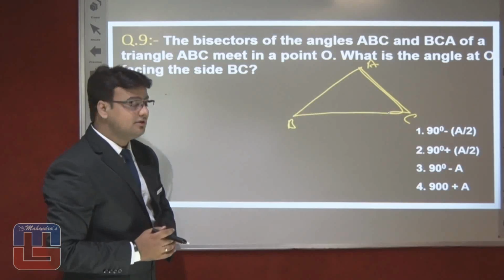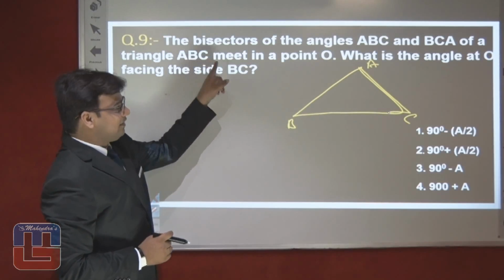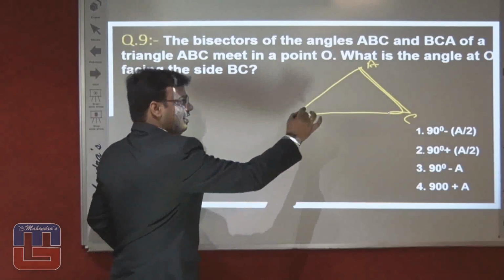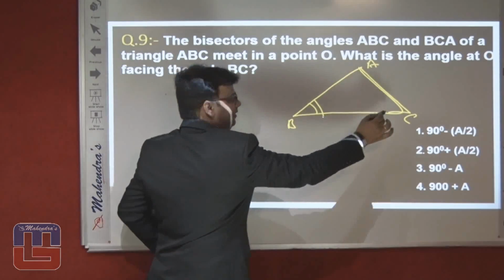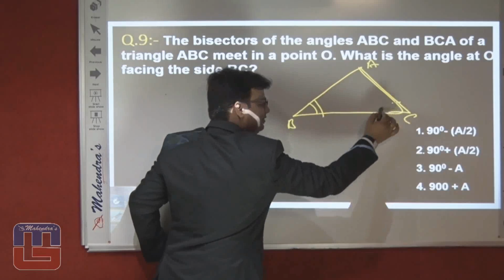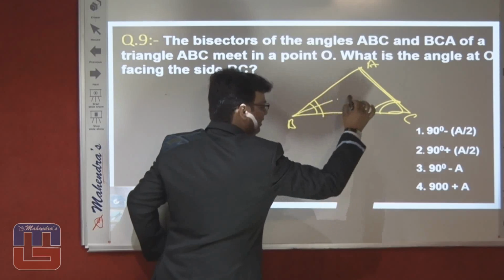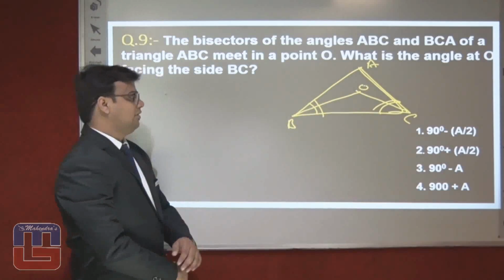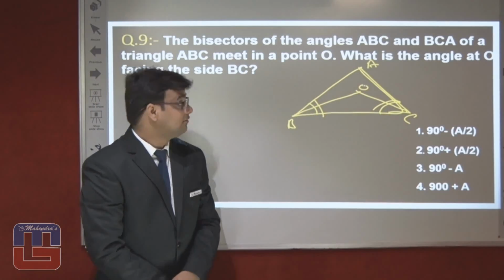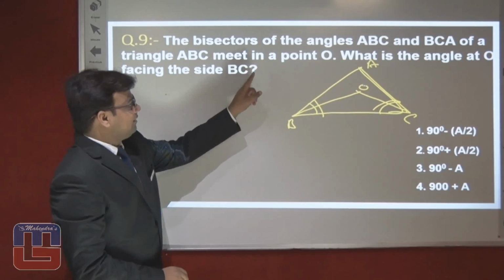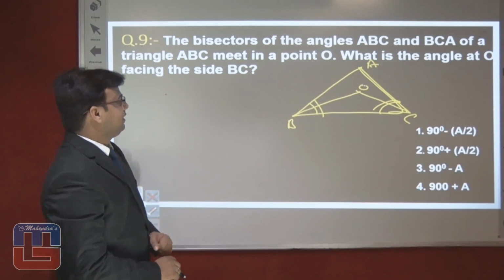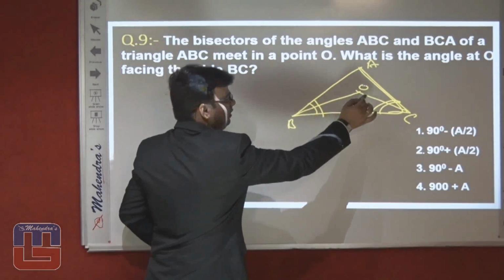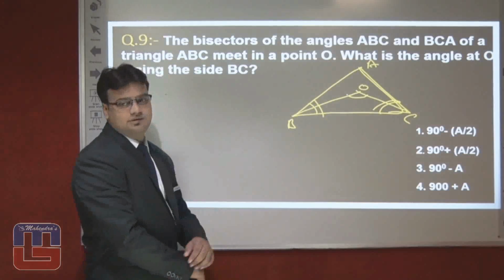The angle bisector of ABC and the angle bisector of BCA, if we draw them this way, meet at O. We need to find the angle BOC, that means the value of BOC.